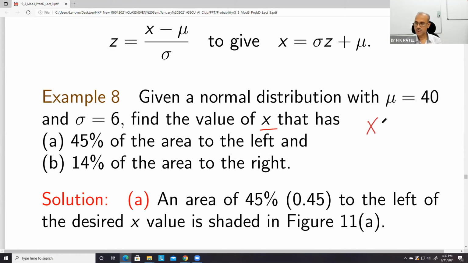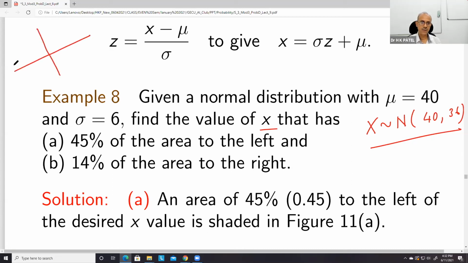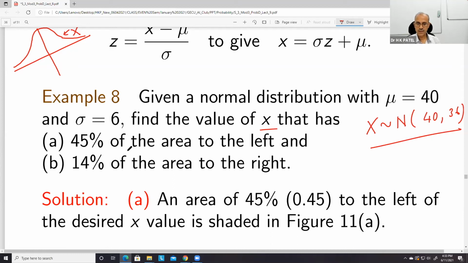X is normally distributed with mean 40 and variance 36, because sigma is 6. Suppose this is capital X. We want to find x such that 40% of the area is to the left.